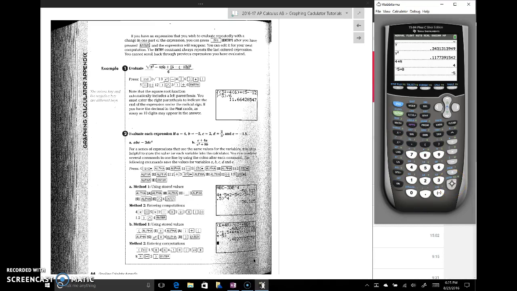And then C is 2, so we'll do 2 store C. And D, it's 2/3. It's going to help us prevent rounding. And E, -1.5.